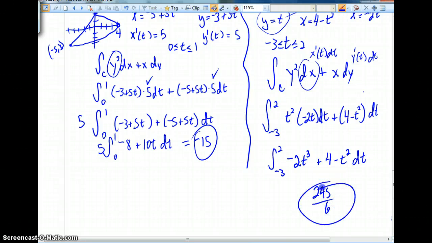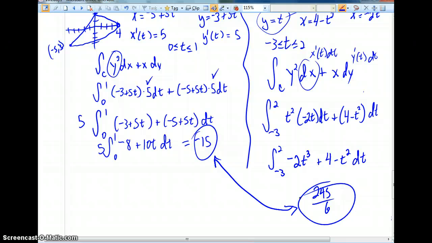So if we were to compare these two answers, we can immediately see, of course, that the endpoints really are not going to make a line integral have a definite answer.